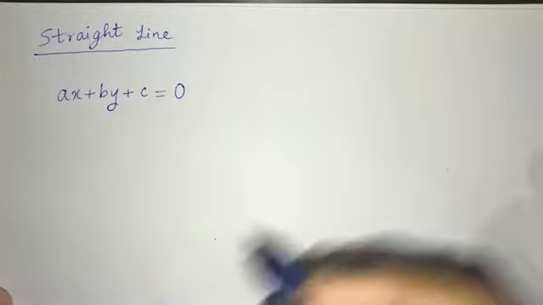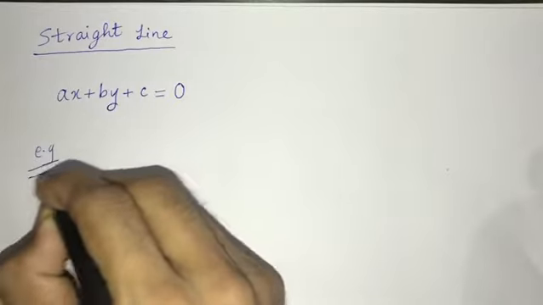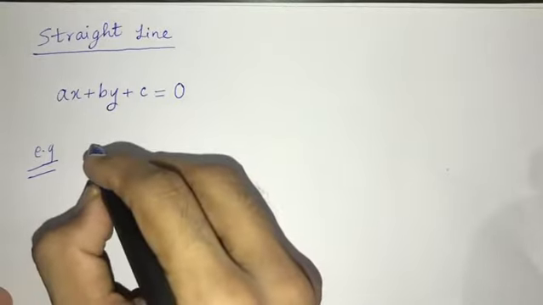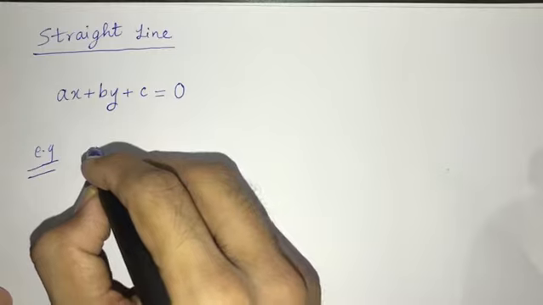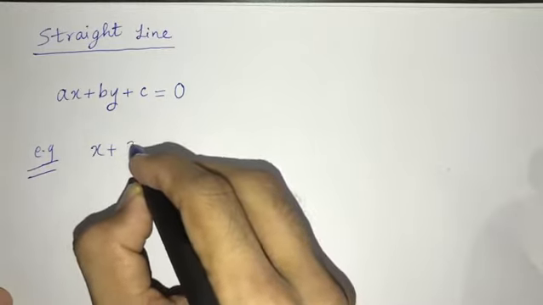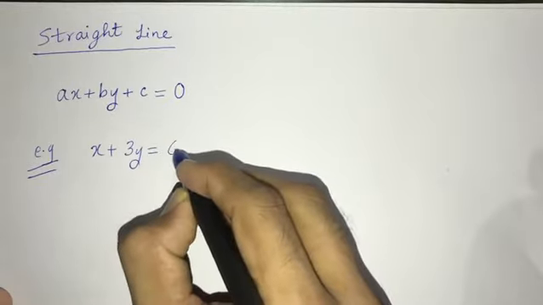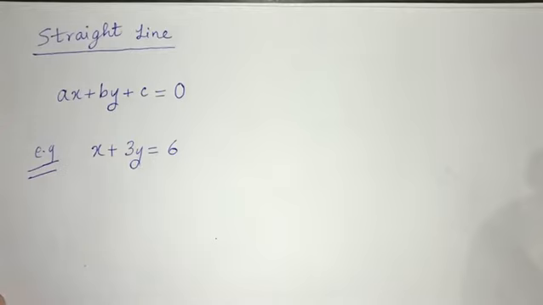Let us take an example: x plus 3y is equal to 6. This is the equation of a straight line. The degree of x and the degree of y are both 1, right?